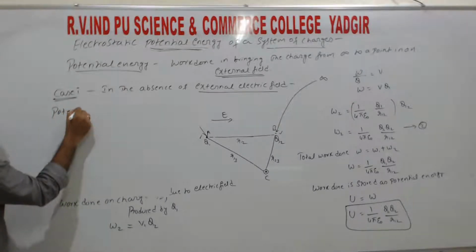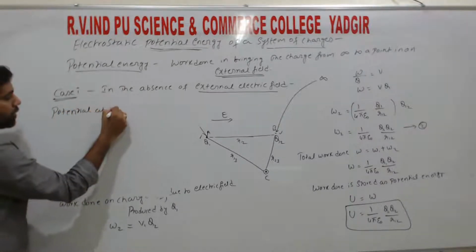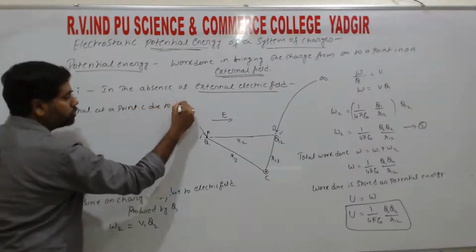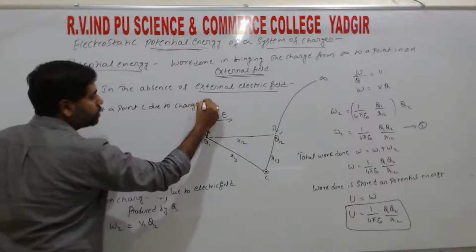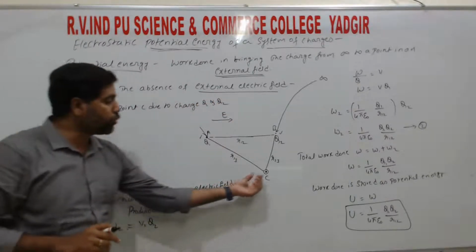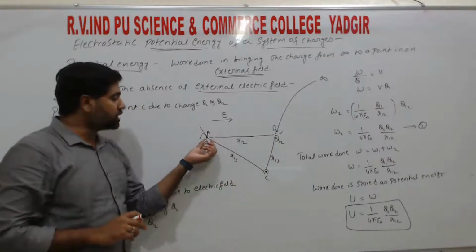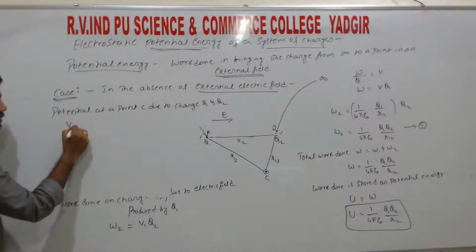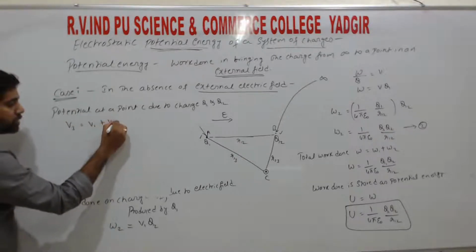potential at a point C due to charge Q1 and Q2. That is, we are going to find the potential due to the system of charges, that is Q1 and Q2. We know for the system of charges V3 is equals to V1 plus V2, right?